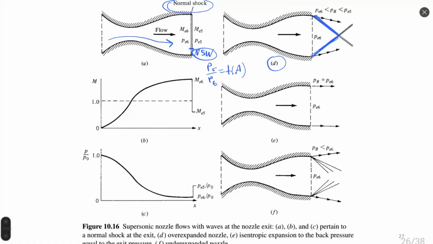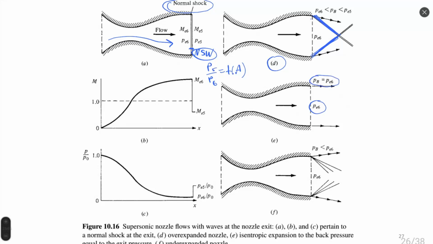Then there are other cases where pressure is exactly equal to PE6, the pressure corresponding to isentropic flow, where the exit pressure is equilibrated with this PE6.